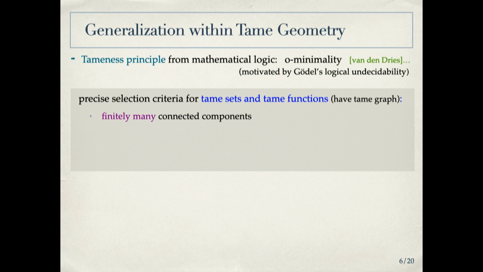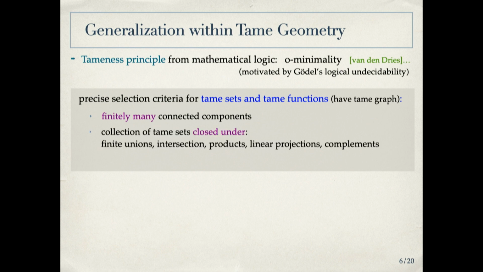O-minimality introduces a notion of what is a tame set and a tame function. A function has then a tame graph as a set. It is a finiteness principle, in the sense that the set can only have finitely many connected components. Okay? So the integers are out, but a finite number of integers is a tame set.